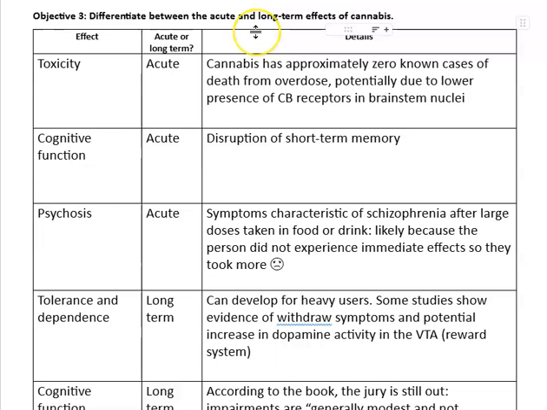And if we look at some of the acute versus long-term effects of cannabis or THC use, one of the things is that it is not toxic. So the acute toxicity is very low. So no known cases of death from overdose. And it's just not doing the same thing as opiates are doing, where you are inhibiting the movement of the diaphragm.